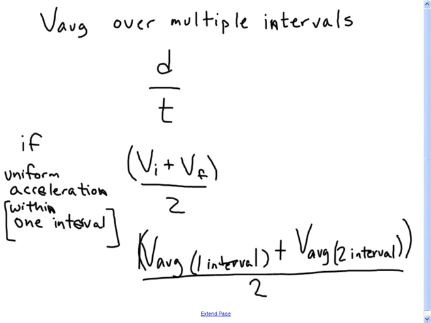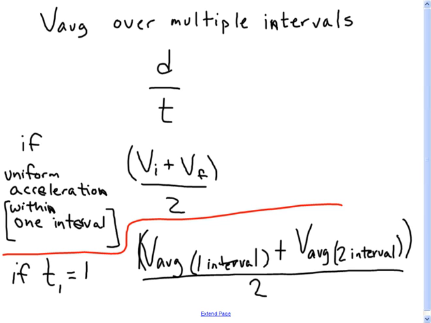So this equation also has a rule. It's if the time spent in interval 1 equals the time spent in interval 2. And for that matter, if it was 4 or 5 or 50 intervals, as long as you spent the same amount of time in every interval, you could average all of those speeds.